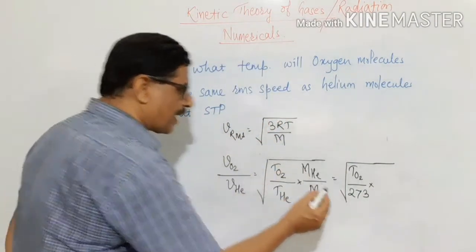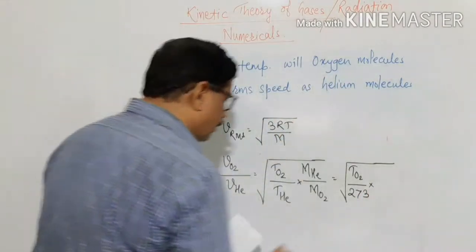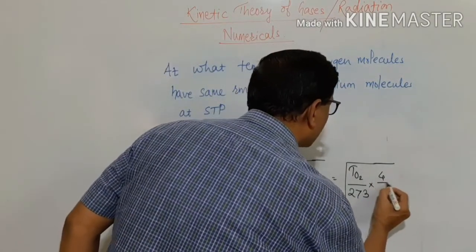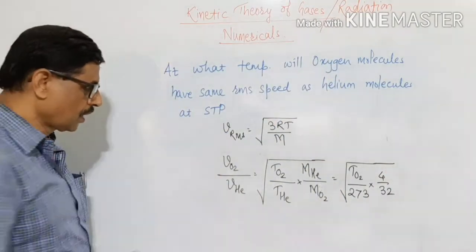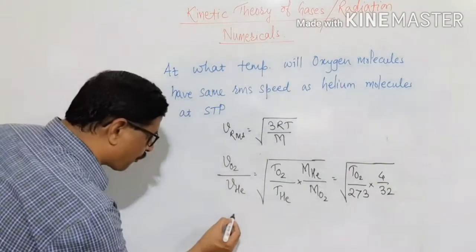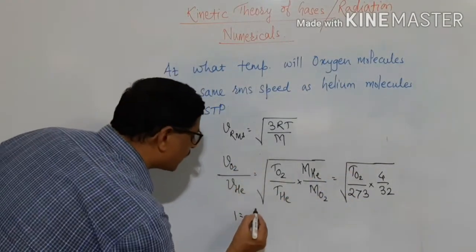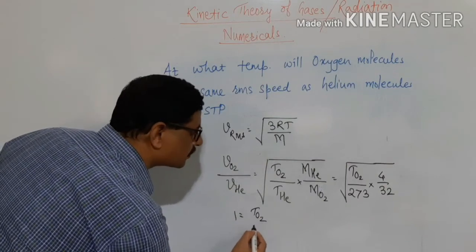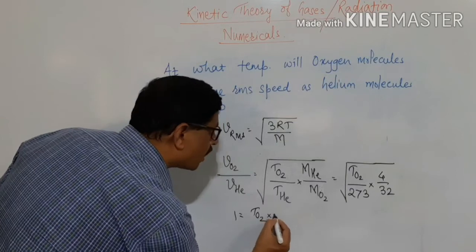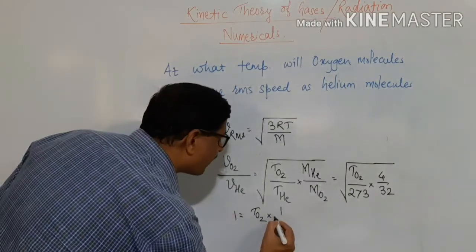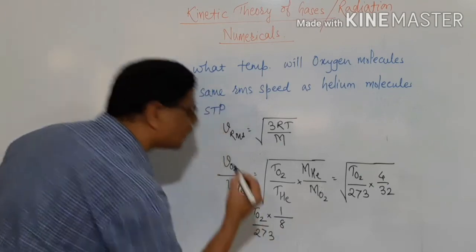The molecular mass of helium is 4 and molecular mass of oxygen is 32. Now it should remain same, therefore 1 equal to, squaring this, square of 1, that is temperature of oxygen divided by 273 into 4 by 32, that is 1 divided by 8 into 273.